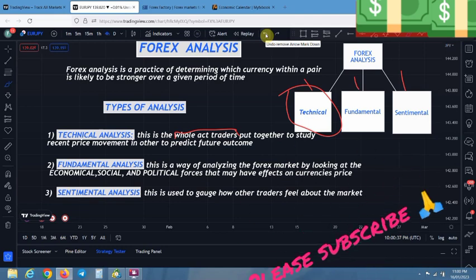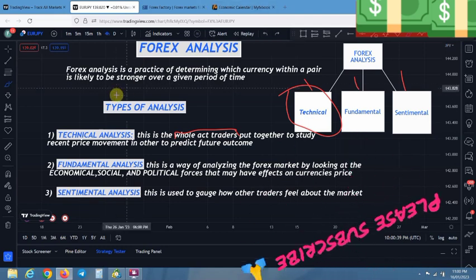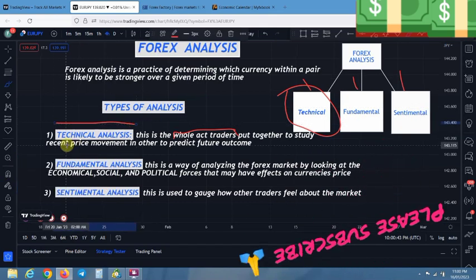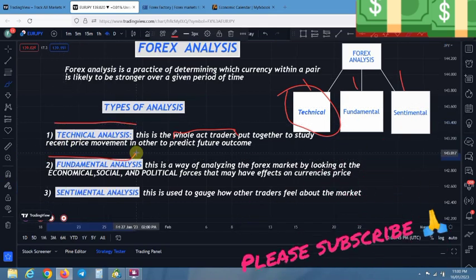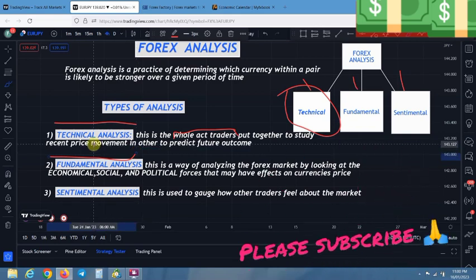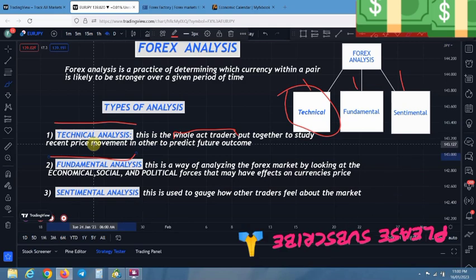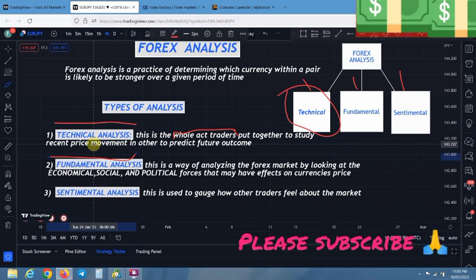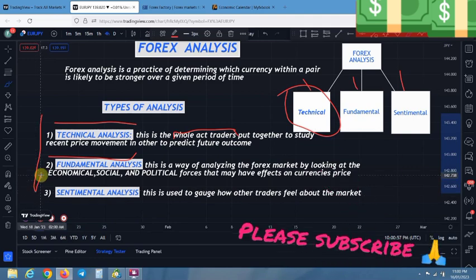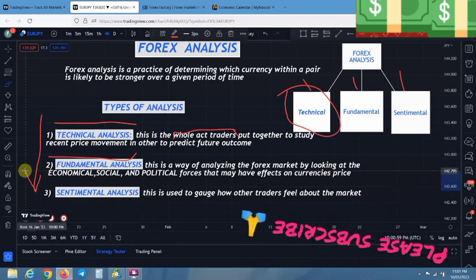But if you're depending on just one kind of analysis, it's possible that you're going to be successful, but it's going to give you a tough time. Most times you'll be in the loss, most times you'll be in the win. But when you have access to all these types of analysis, then the sky is your limit.